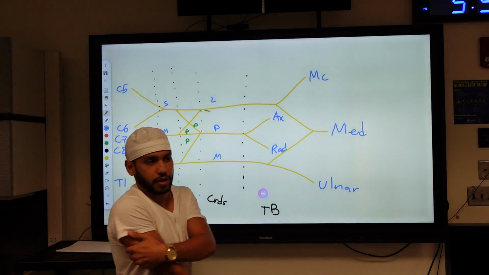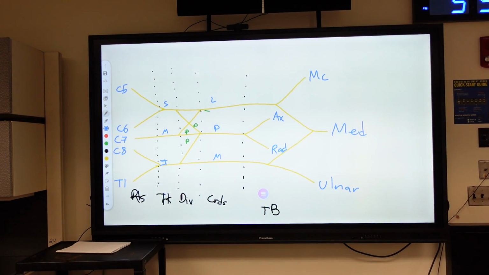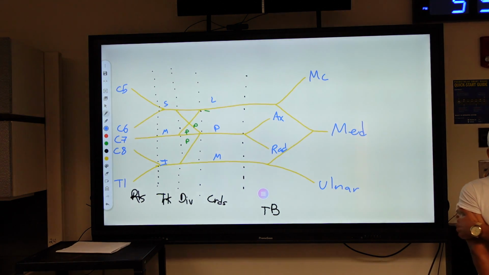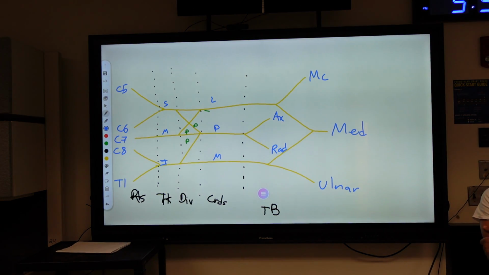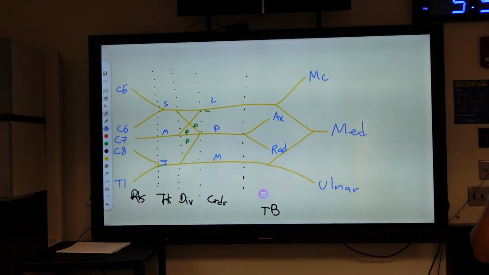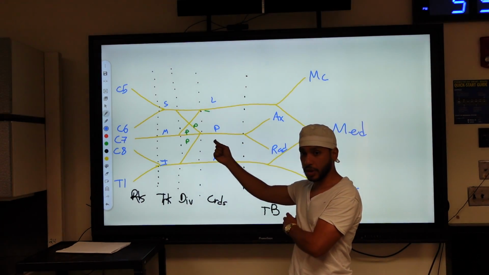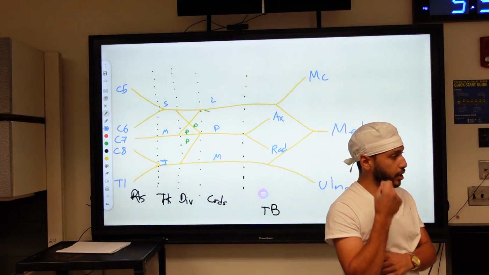And what about the posterior compartment of the arm, right? You guys haven't gotten to that yet, but that's where we're going to find our triceps, and that's all radial nerve territory. So whenever you think about the posterior arm, you just think radial nerve. You associate the radial nerve with that. Radial nerve is also the posterior cord, right? So radial nerve is associated a lot with posterior.